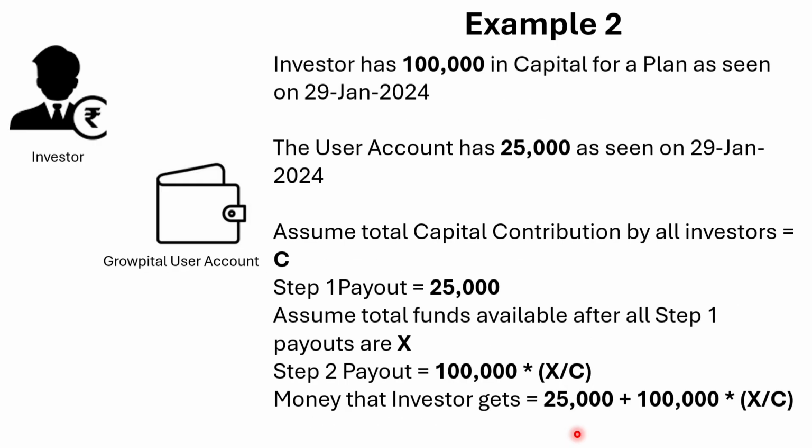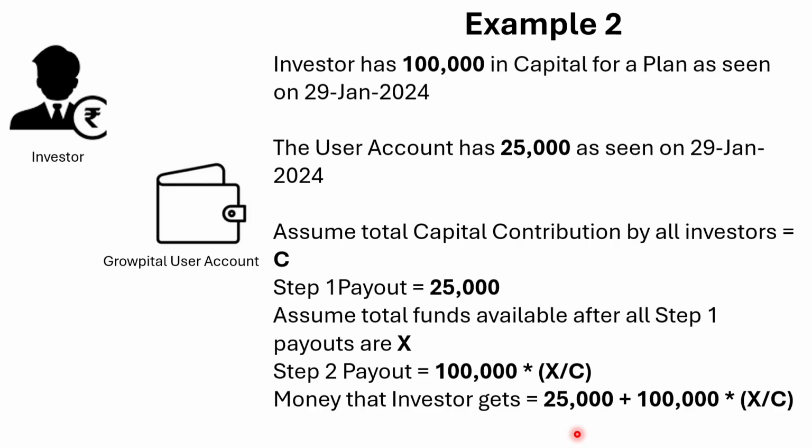Let's take example 2. In this case, let's assume the investor has again invested 1 lakh in capital for a plan. However, on 29 Jan 2024, he has 25,000 lying in his user account. So, again assume that the total capital contribution by all the investors is C. So as step 1 payout, he will get his full amount in the user account, which is 25,000.